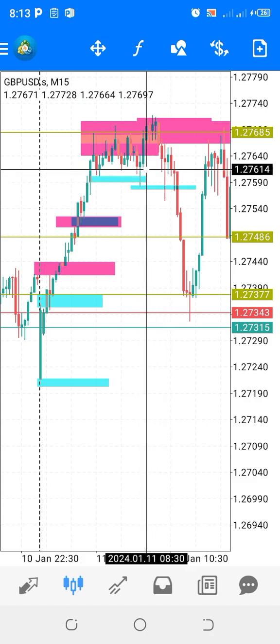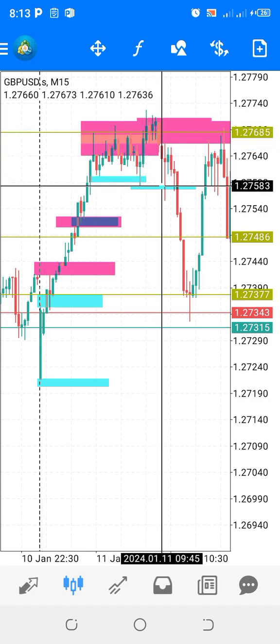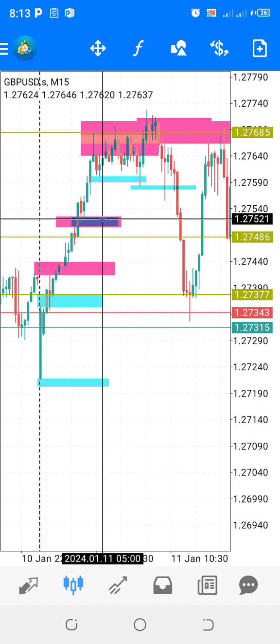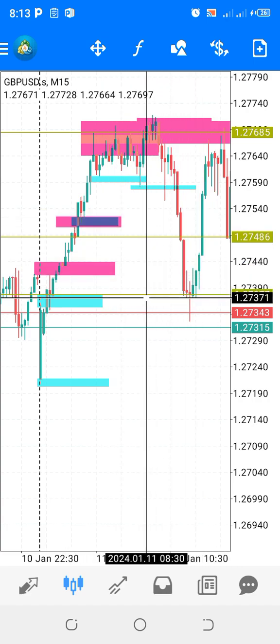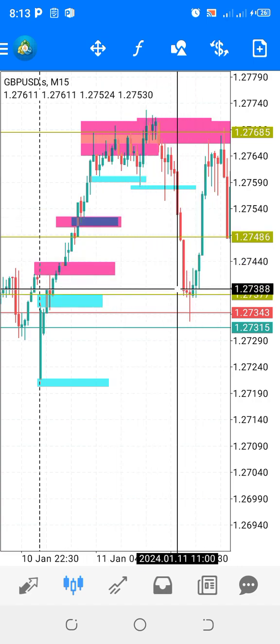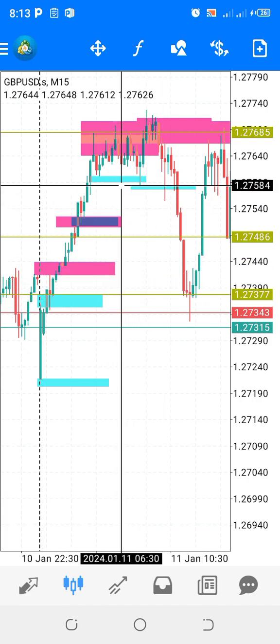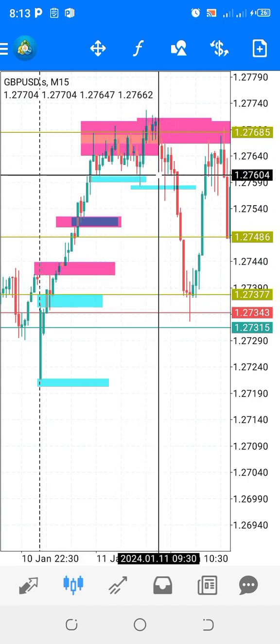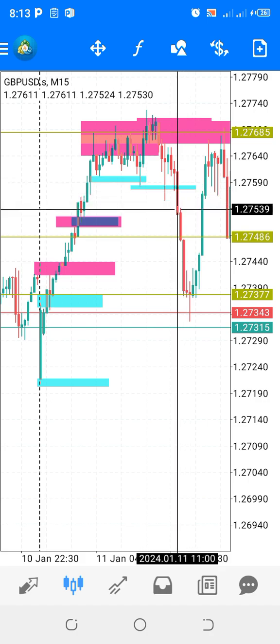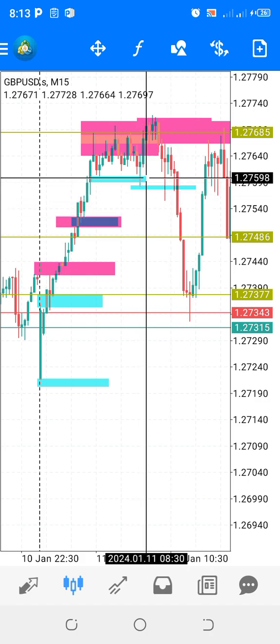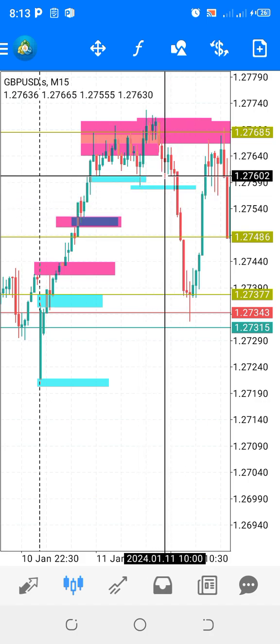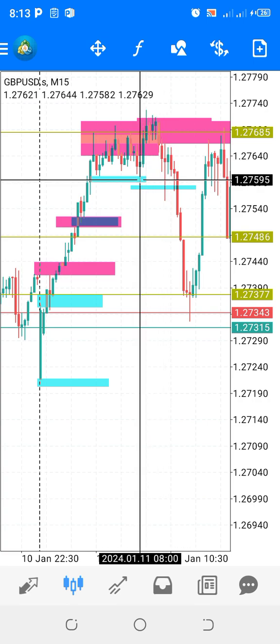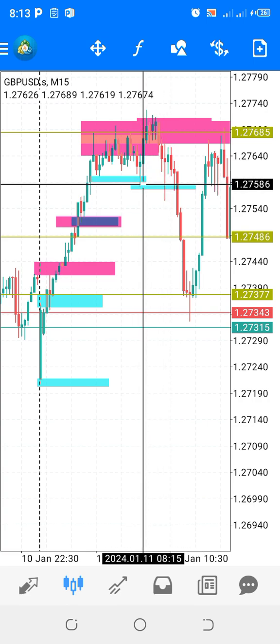So it is until the market breaks the most recent impulse start level that it will try to engage the previous impulse start level and then again the previous impulse start level. So you can see that happening here. It broke this most recent impulse start level after encountering it for the first time.